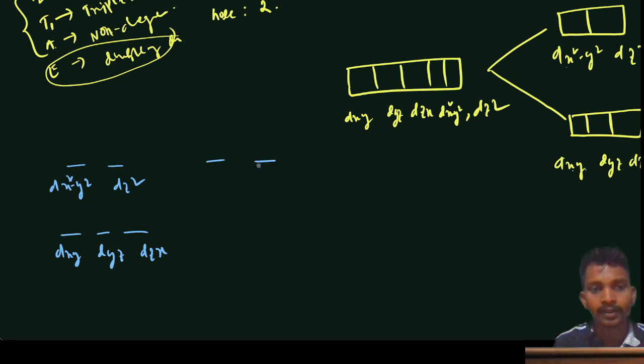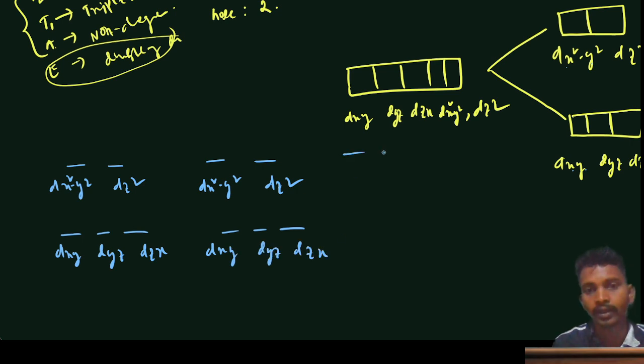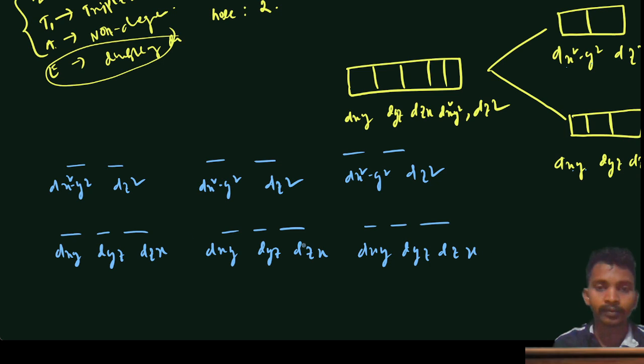Another case, let's say dx square minus y square, this is dz square, this is dxy, dyz, and dzx. Okay, another case, dx square minus y square, this is dz square, this is dxy, dyz, and this is dzx.